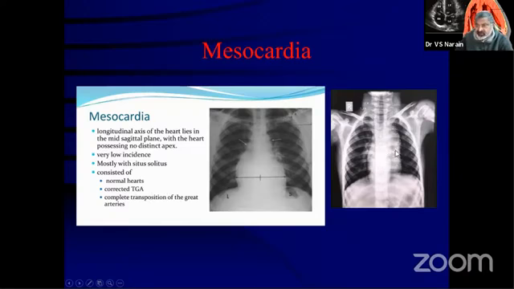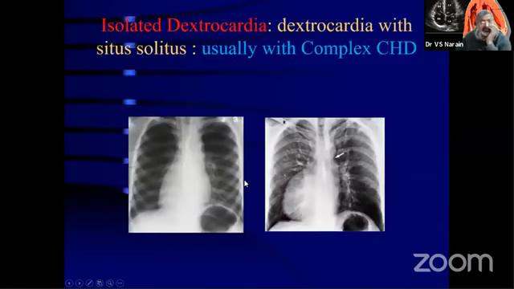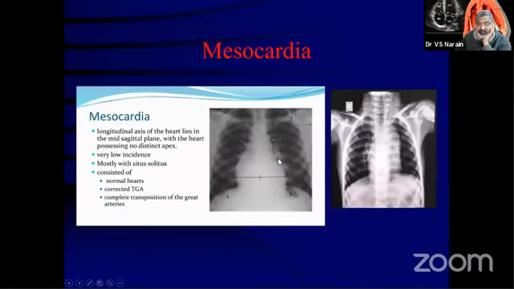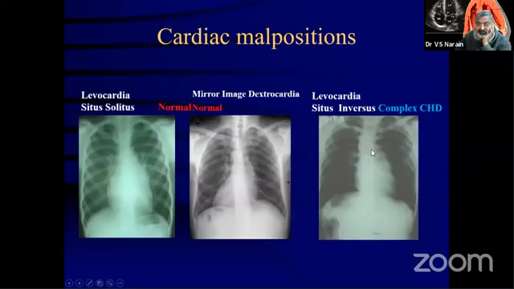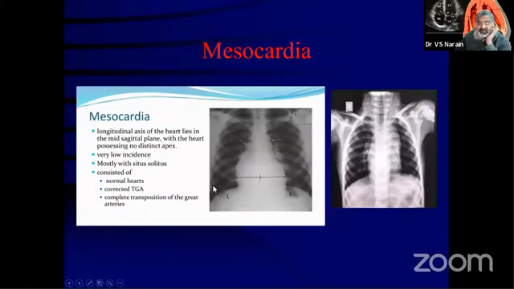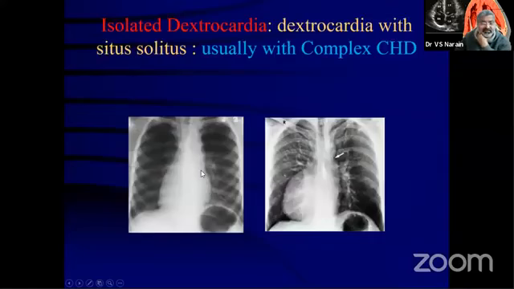So this is a case of mesocardia, and you have the left-sided aorta here. So once again, corrected transpositions, complete transpositions are common, but as such, mesocardia is not a very common situation. Isolated dextrocardia, once again, the same example. You have the isolated dextrocardia over here. That means that you have an apex which is right-sided, but the stomach bubble and the liver are in the normal position.